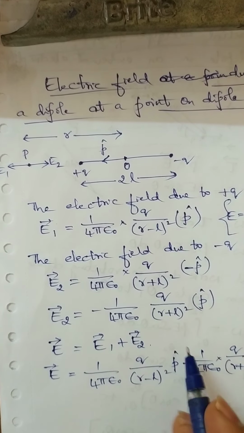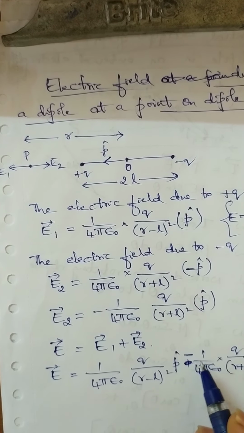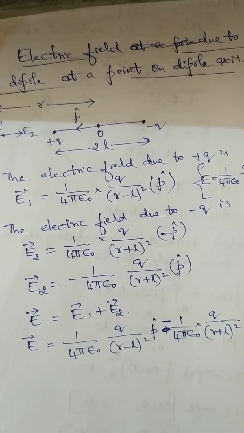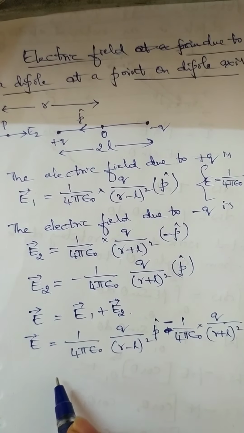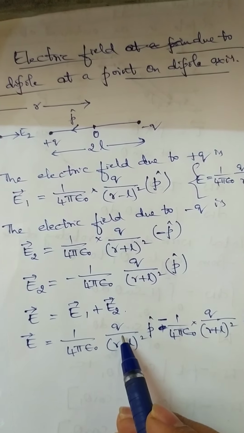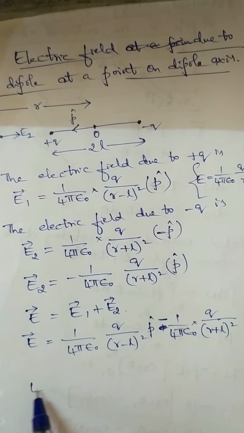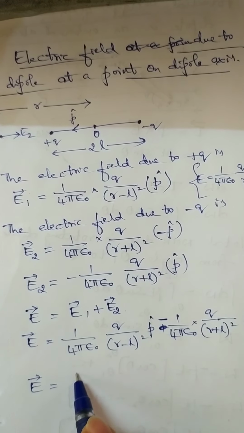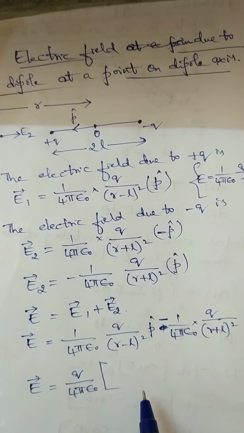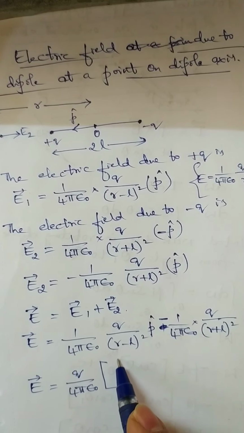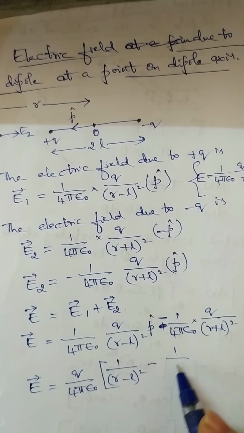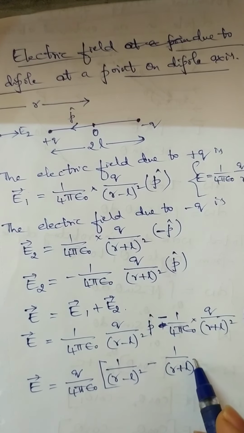Since E2 is negative, this positive becomes negative. This is the resultant electric field. Since 1 by 4 pi epsilon naught and Q are common, we take them common. So vector E is equal to Q divided by 4 pi epsilon naught, and what is left is 1 divided by R minus L whole square minus 1 divided by R plus L whole square.